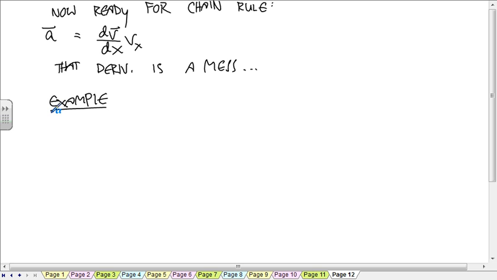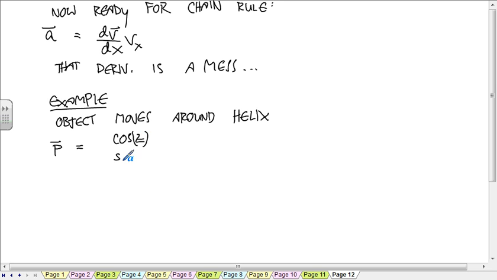So let's say that, this one is pretty similar to one of the practice problems, I think. So let's say that an object moves around a helix where the position vector is defined by cosine of z, sine of z, z.